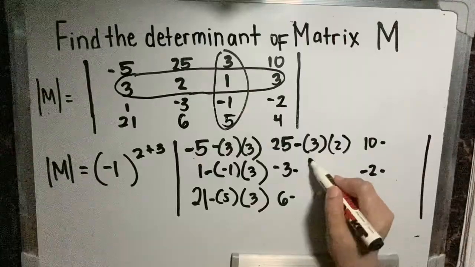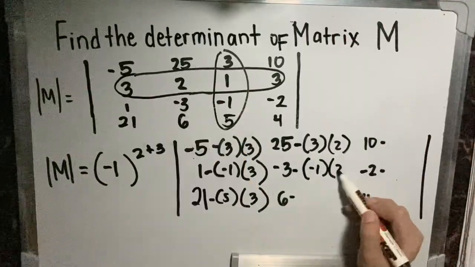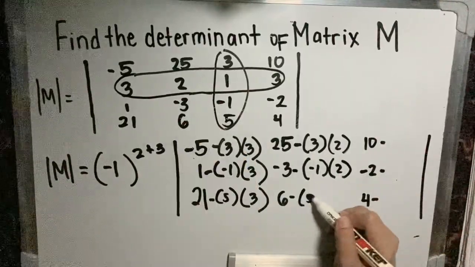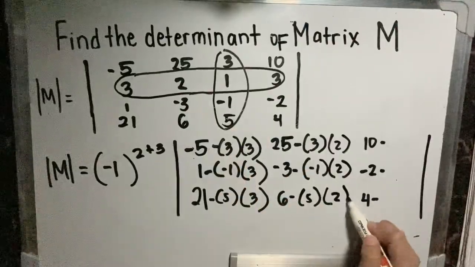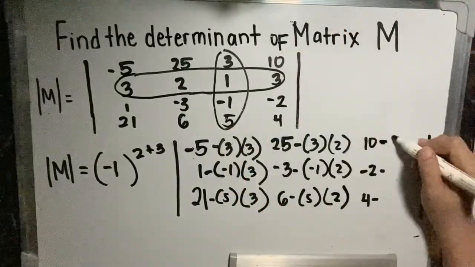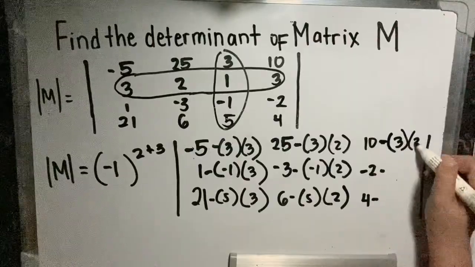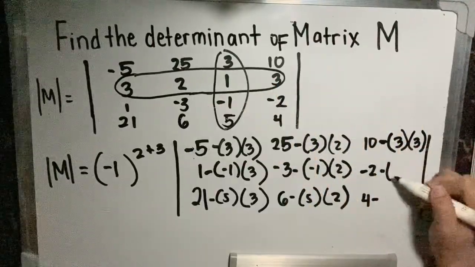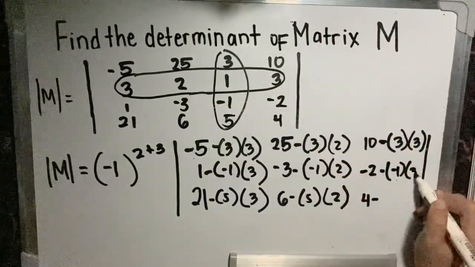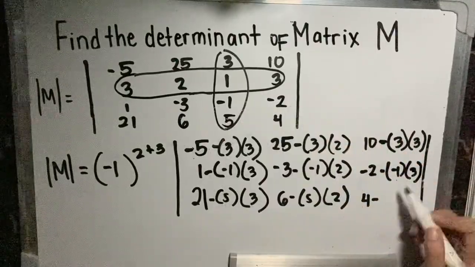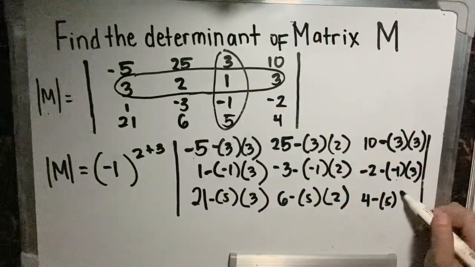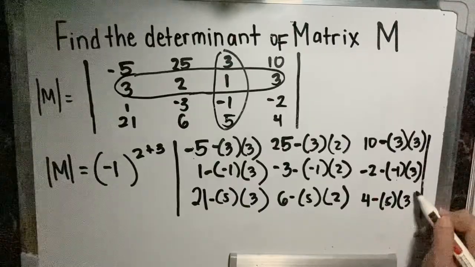Negative 3 minus negative 1 multiply by 2. And 6 minus 5 multiply by 2. Next, 10 minus the product of 3 and also 3. And negative 2 minus the product of negative 1 multiplied by 3. Lastly, we have 4 multiplied by 9, by 5, and 3.